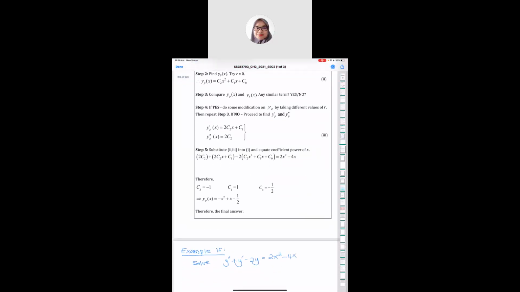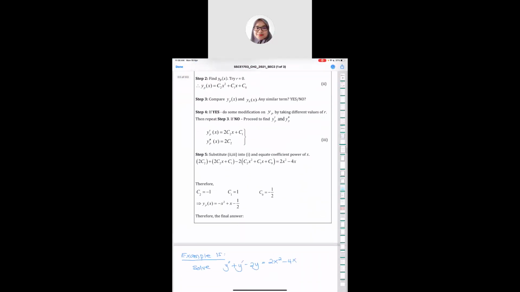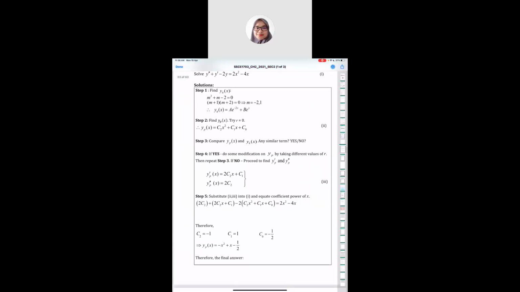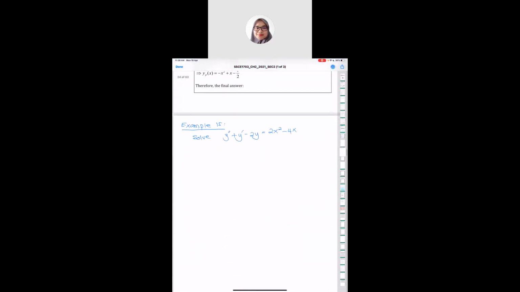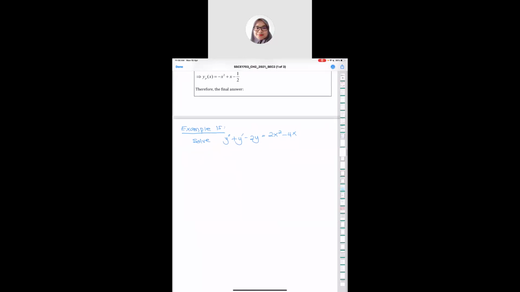So saya nak selesaikan equation given. First you tengok first order ke second order. So we have second order.